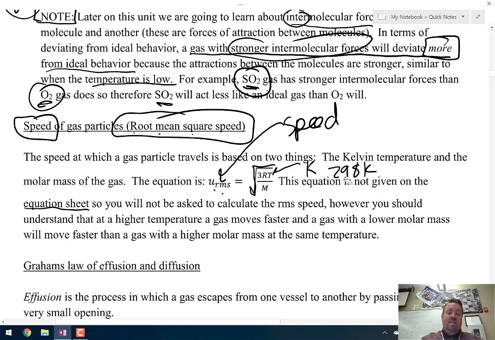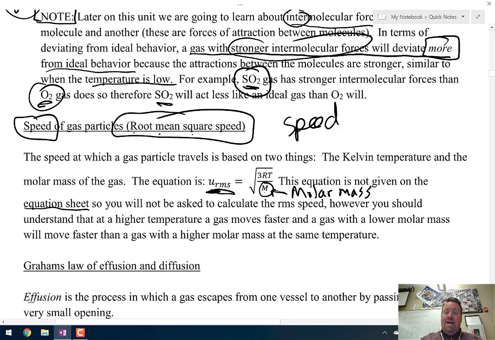Typically that's not what they're going to try to trip you up on. It's the bottom one, and that capital M, just like in the density and molar mass equation, stands for molar mass. Because it's in the denominator of the fraction, the greater the molar mass, the lower the root mean square speed.